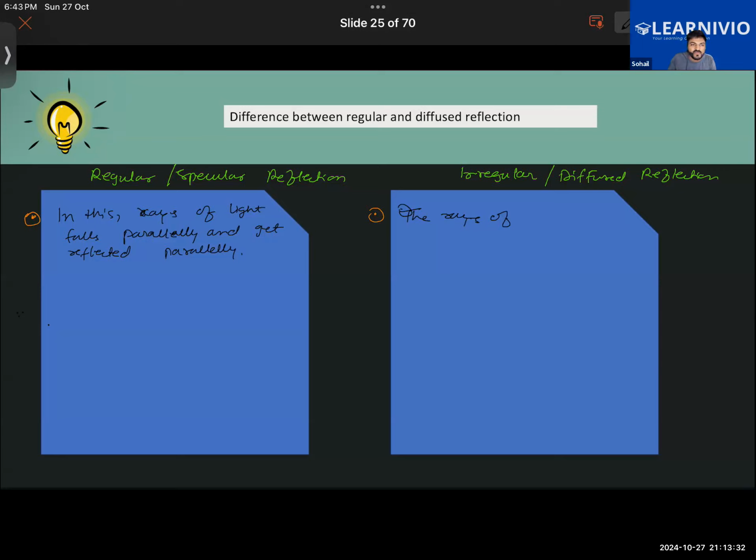Multiple rays, more than one ray. Yes, sir. Right. So we can call this a beam of light. So the rays of light fall parallelly on an irregular surface, but get reflected into different directions.